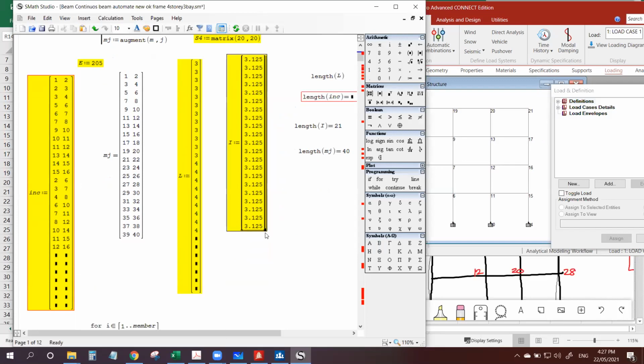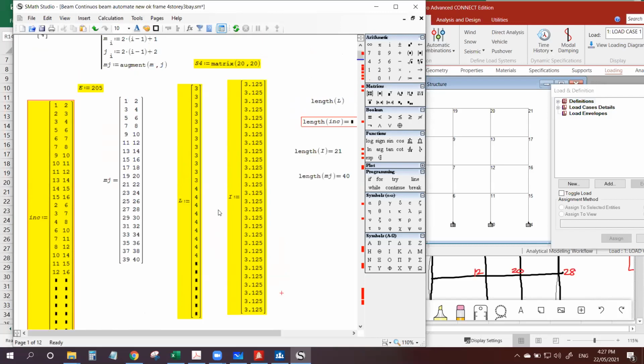Add here. 1, 2, 3, 4, 5, 6, 7. Copy this. Then I'll make the columns first to be consistent. Copy this. 1, 2.